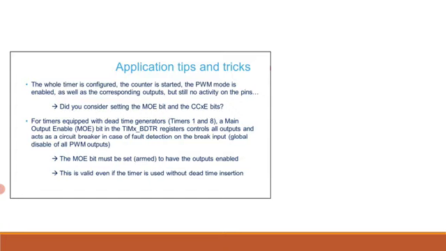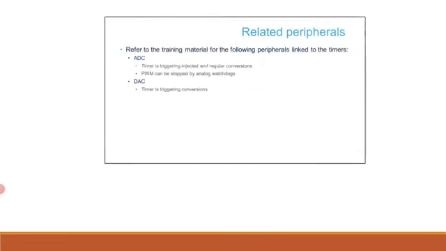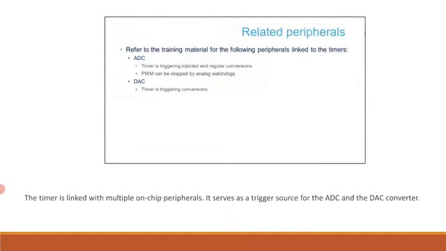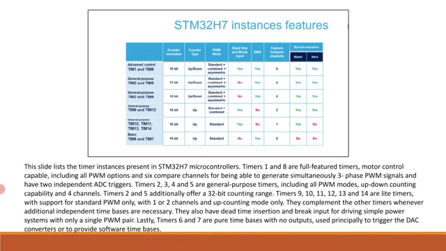For more information, look at the ADC and DAC peripherals, which we will discuss later. Have a look at the instances features table provided here. Here is the explanation for it.